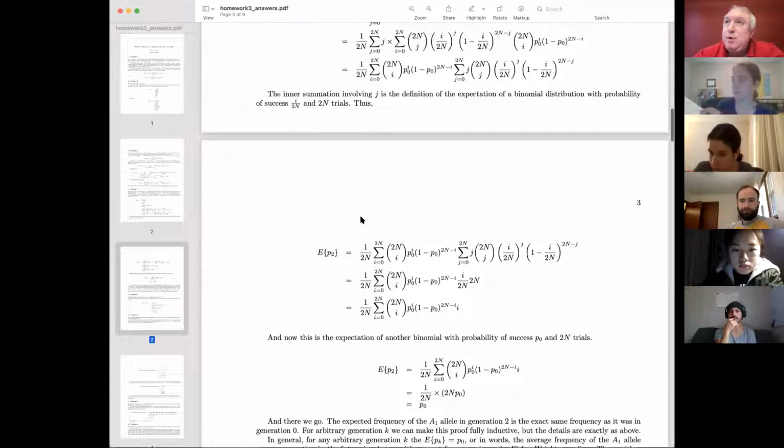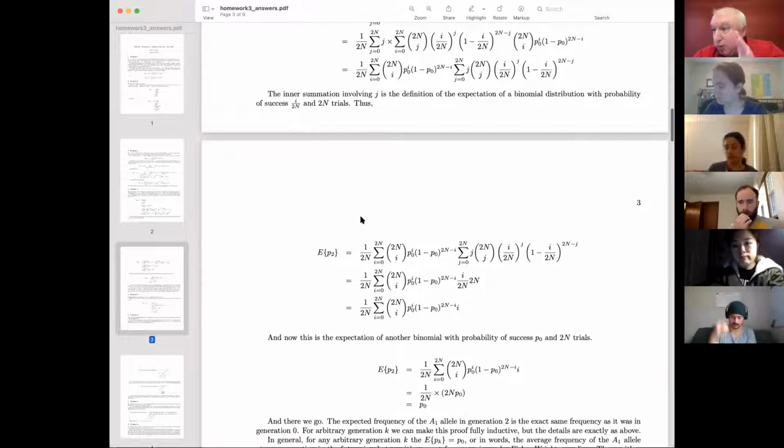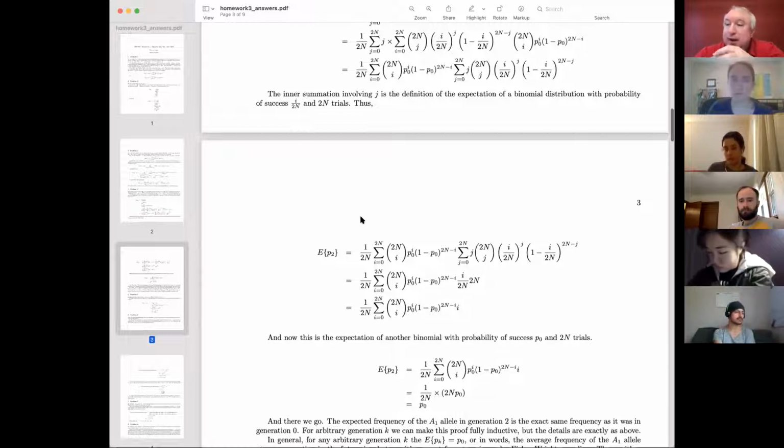And this is certainly one of those take-home messages you should remember for your career as a biologist, if you are heading into that field, that genetic drift doesn't change allele frequencies on average. In practice, they do go up or down due to sampling, but it has no average effect. Cool.